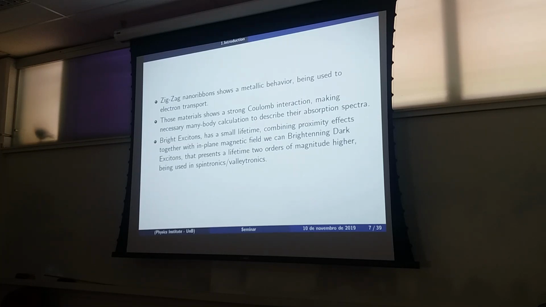If you apply some magnetic substrate above the material and control the external magnetic field, a small magnetic field, only to change the magnetization direction, we can make some dark states begin to emit light. That's important because those bright states have a small lifetime, so you can't use them for spintronics applications. But when you brighten some dark states, you can use those states for this application.